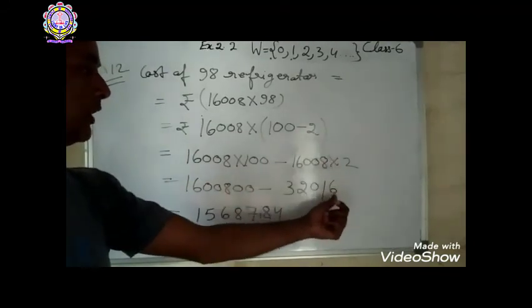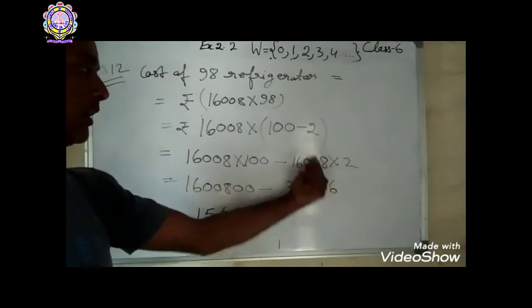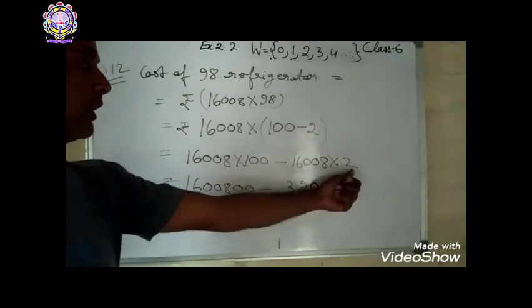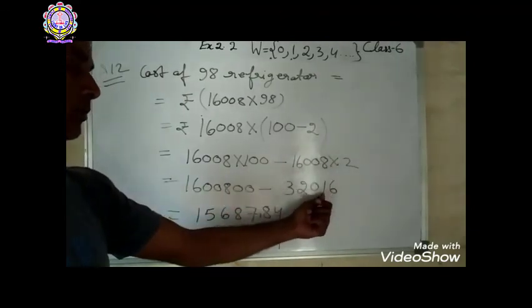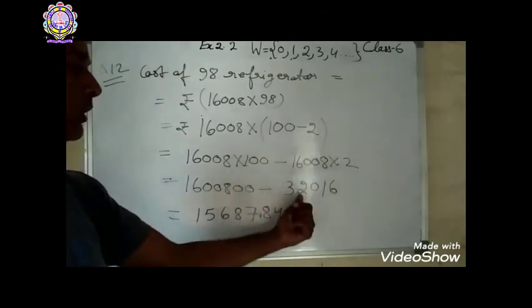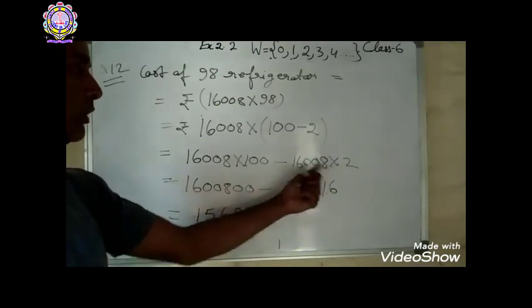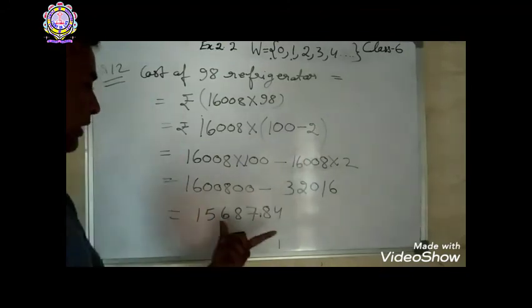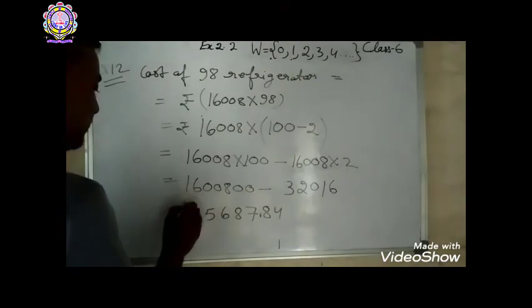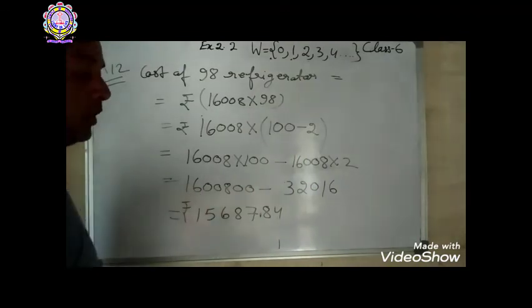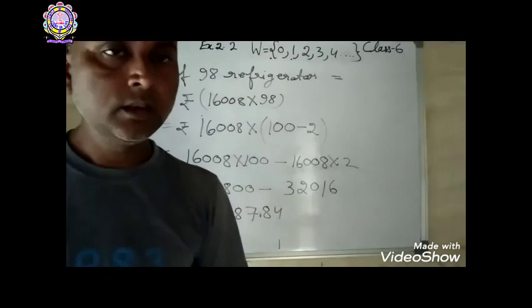So 2 eights are 16, 6 carry 1, and so on. And then subtract. So you get the money here. So now your exercise is finished.